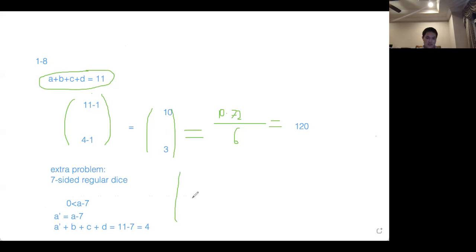So we have 4 minus 1 choose 4 minus 1, because it happens to be 4 variables and the sum happens to be 4 as well, and this just happens to be 1.